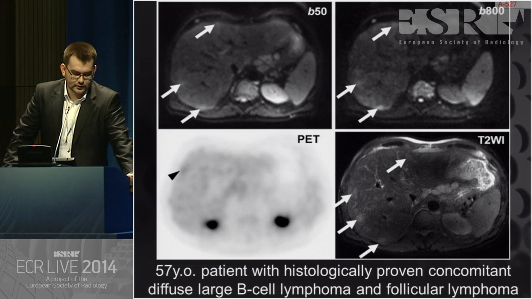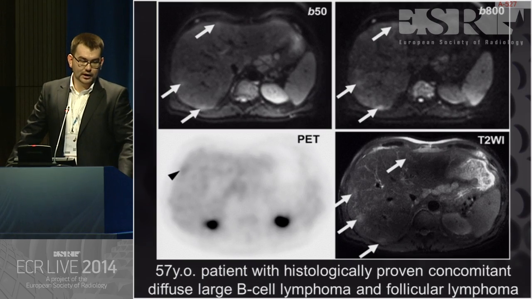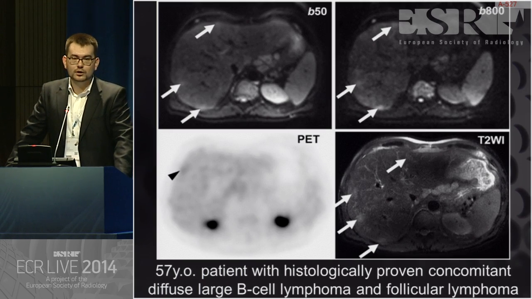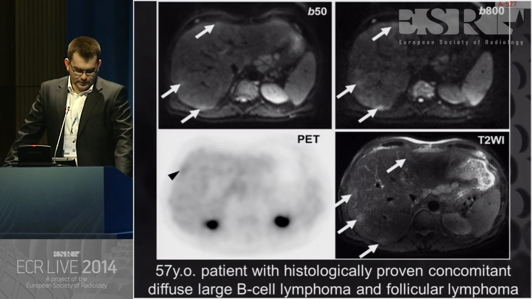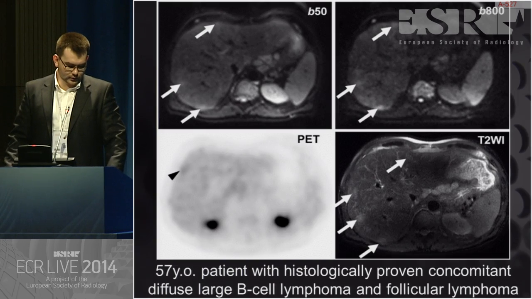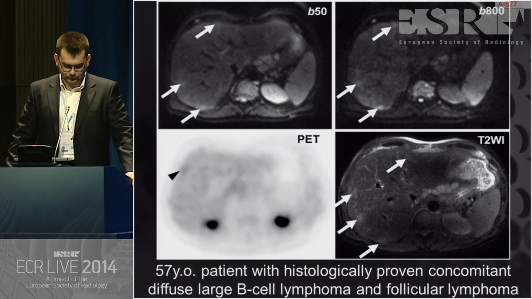Diffusion-weighted images helped to detect miliary hepatic lesions, while FDG PET shows only one equivocal focal increased uptake. The hepatic involvement was confirmed on the dedicated hepatic T2 weighted images too.